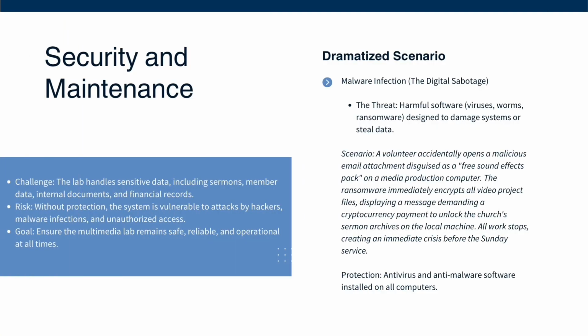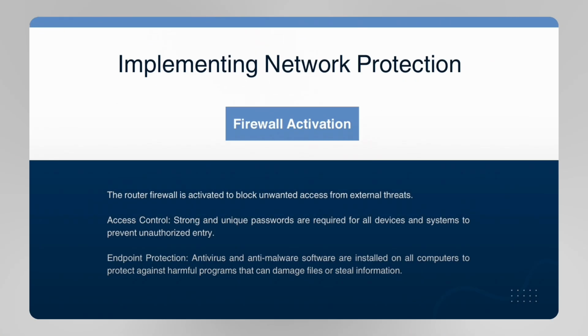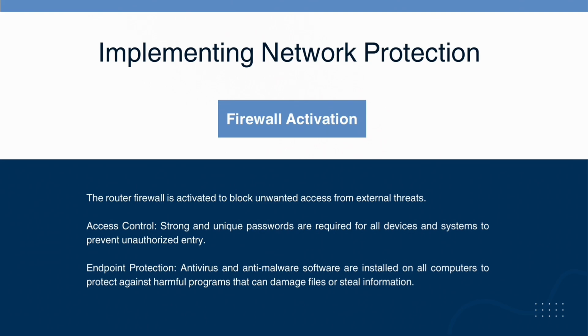Network security is very important because the Church Multimedia Lab handles sensitive information such as recordings, member data, internal documents, and financial records. Without proper protection, the system can be attacked by hackers, infected with malware, or accessed by unauthorized users. To protect the network, the router firewall is activated to block unwanted access from external threats.